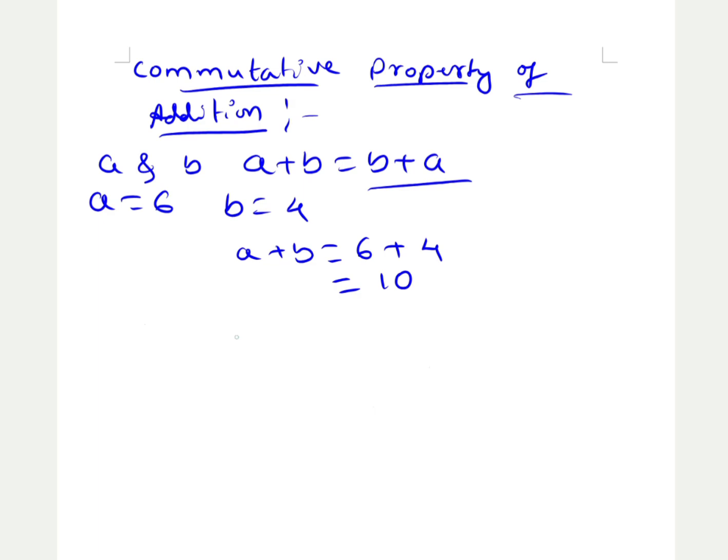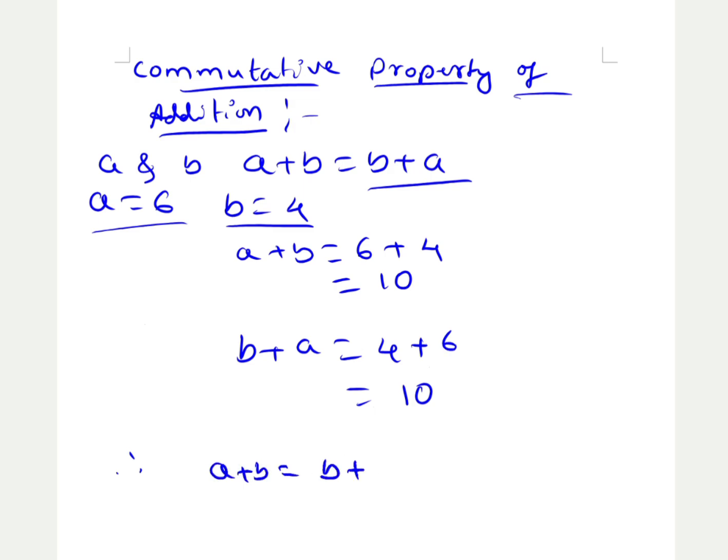Then take b plus a. b means 4 plus a, 6. 4 plus 6 is 10. Therefore, a plus b is equal to b plus a. For every integer a and b, a plus b is equal to b plus a. This is the commutative property of integers of addition.